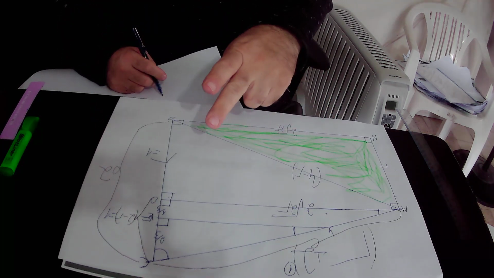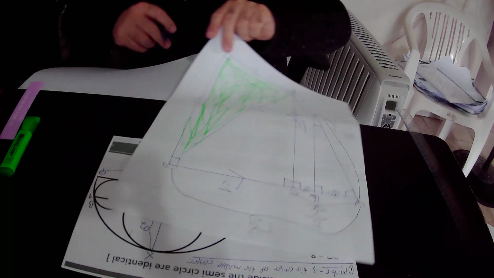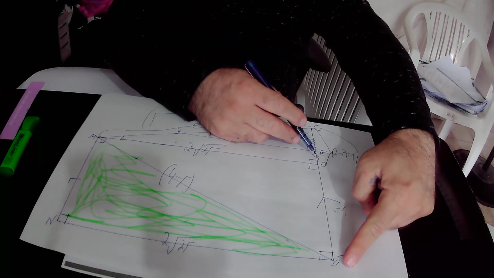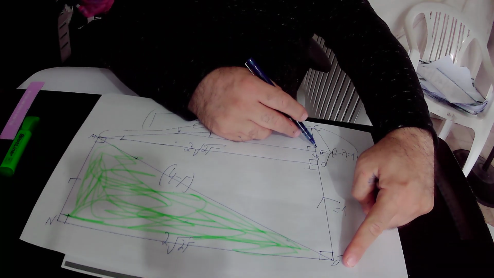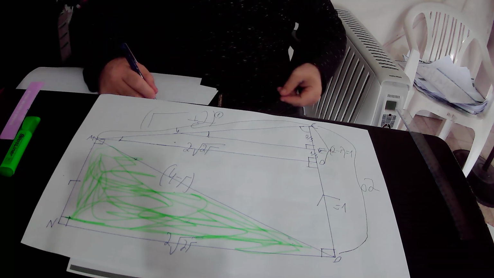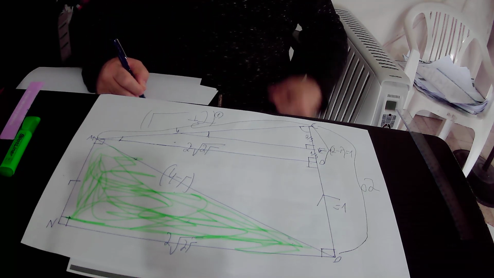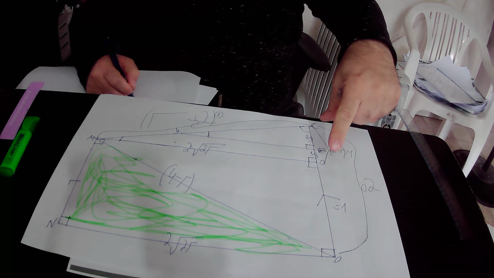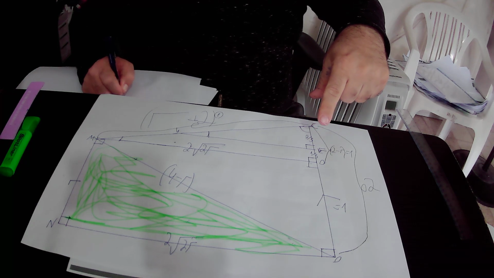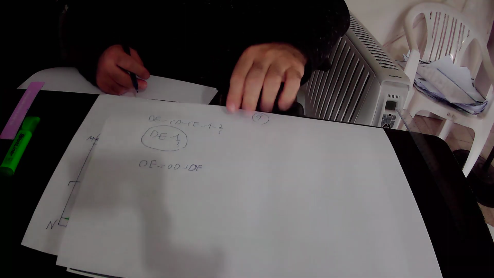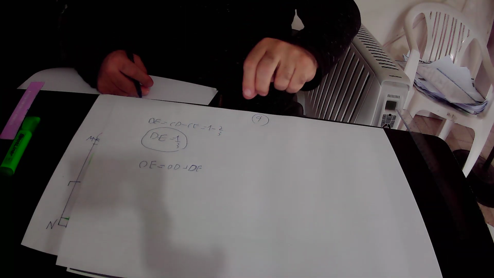And what is the value of OE? OE equals R plus DE, or OE equals OD plus DE.